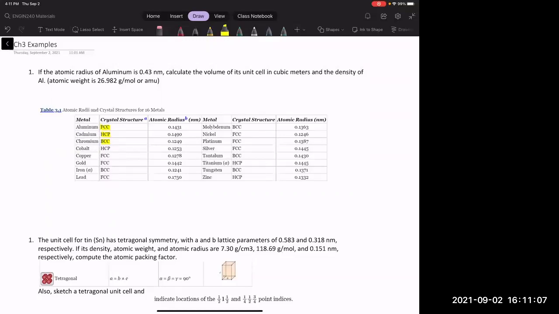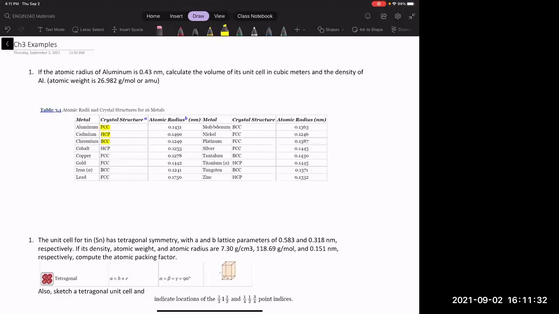In the book, there's Table 3.1. It lists several simple metals with different crystal structures, and also lists the atomic radius. By understanding how the crystal structure is arranged, we can do some calculations, especially on the density of the material.